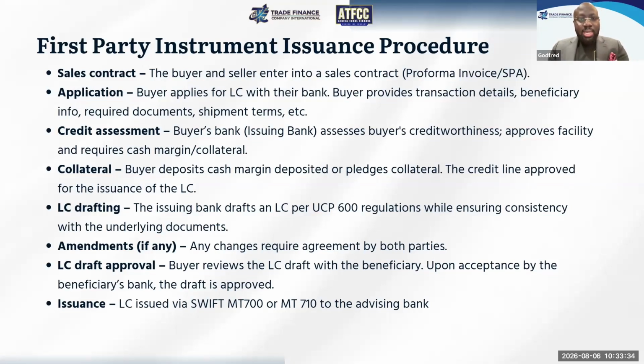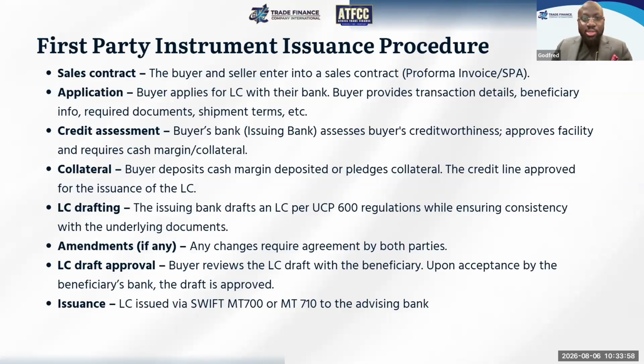The buyer would then put in the application for the LC with their bank. They provide transaction details, beneficiary information, and so on. The bank will then assess the buyer's credibility, and once everything is checked out, they will approve the credit line for the client.